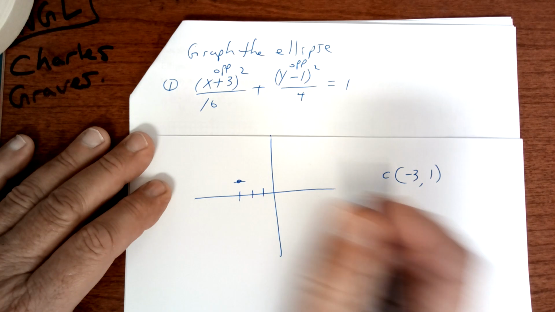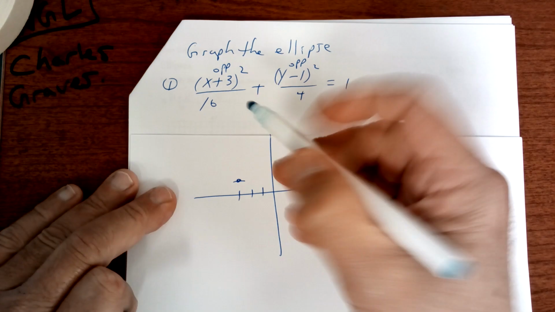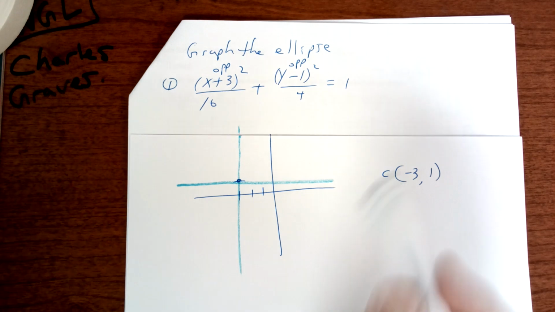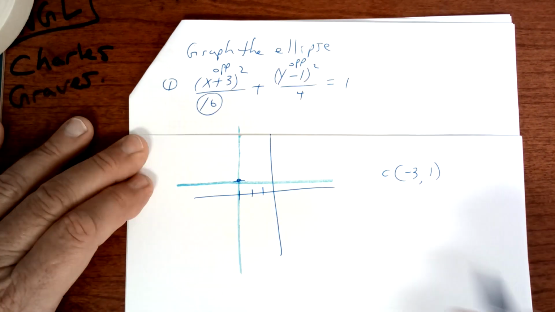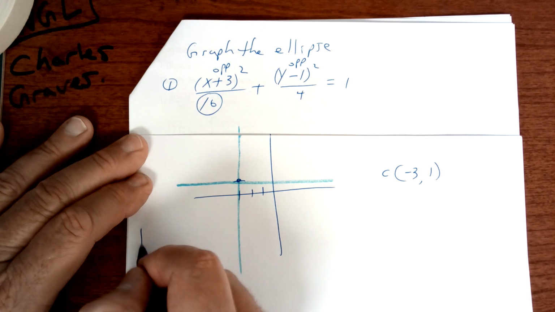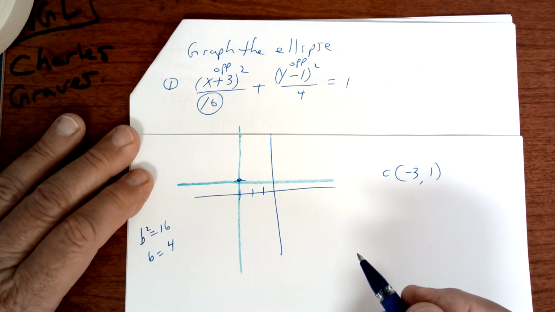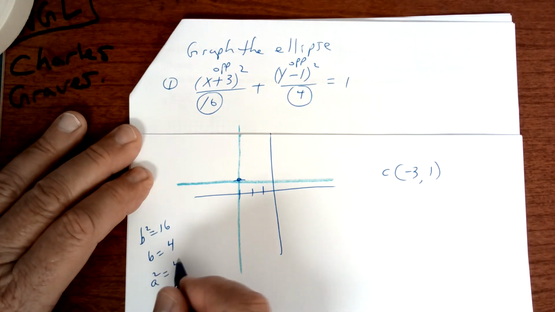Now, draw an auxiliary axis, which looks like this. Once you draw an auxiliary axis, then you take b squared is under the x. So put b squared equals 16, b equals 4, the square root of that. That must be your a. So a squared equals 4, a equals 2.